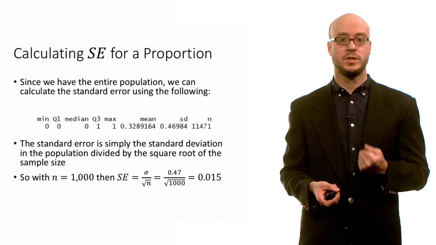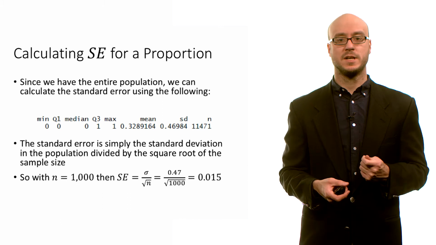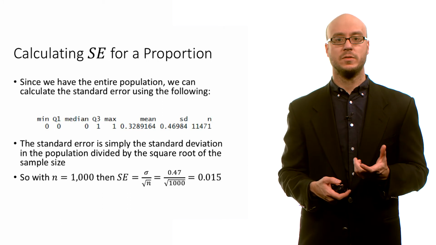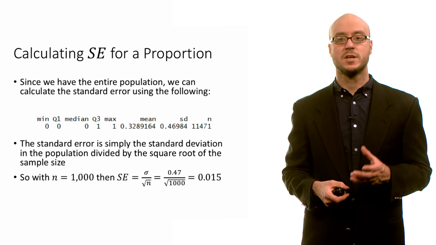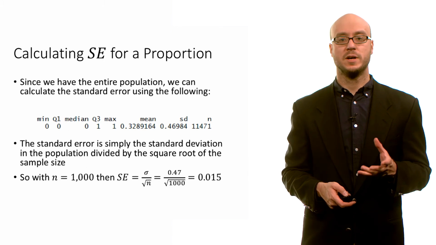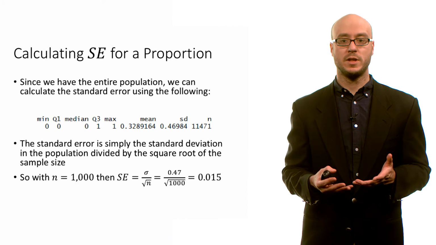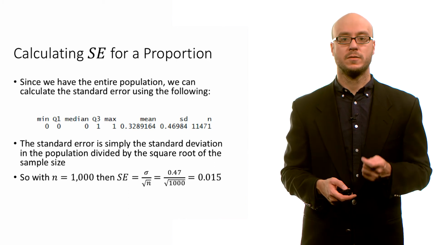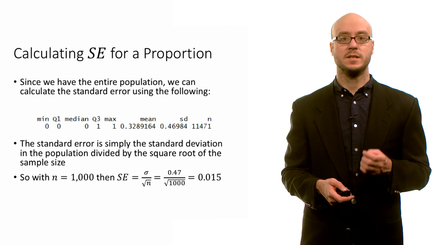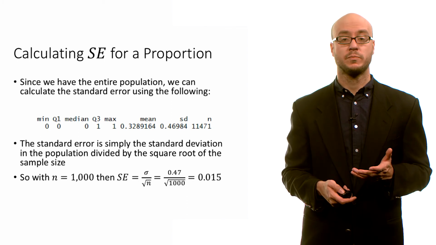Since our sample size is 1,000, the standard error is sigma divided by the square root of n, which is 0.47 divided by the square root of 1,000. We do that calculation and we get 0.015. That is the standard error for a proportion.